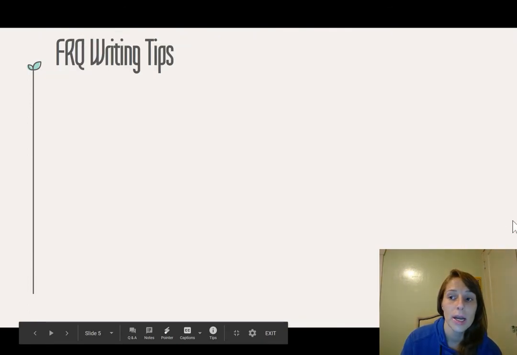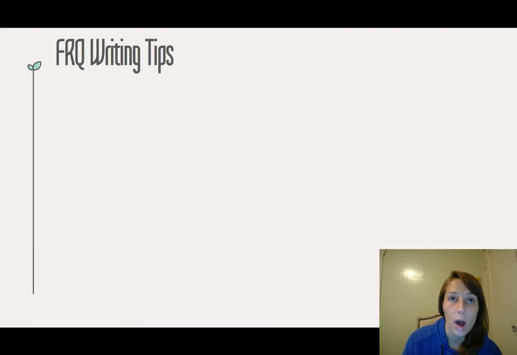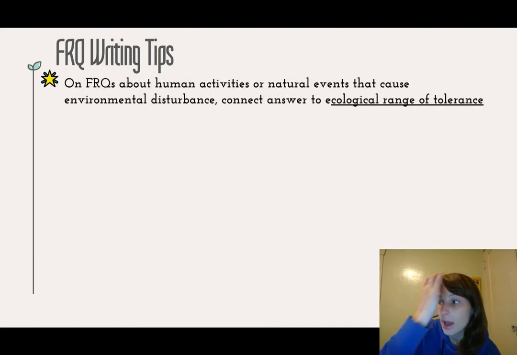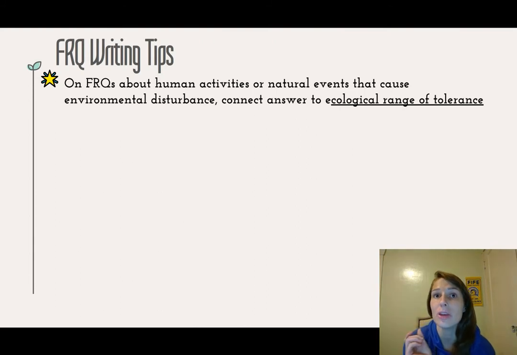Now, it has been a common FRQ type question to talk about range of tolerance. However, it is also something that you can very easily bring in to a wide range of FRQ topics on the test. So I'm going to talk about some general writing tips for FRQs on how this ecological tolerance relates to it.